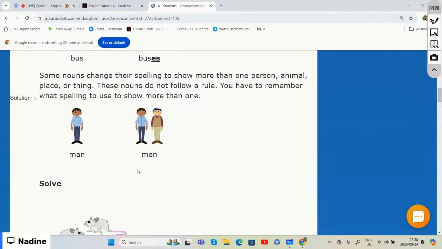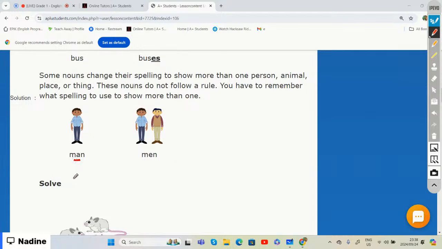For example, one man. Look how we spell the word man. So one man. And if you make mention of more than one man, like one, two, then we say two men.